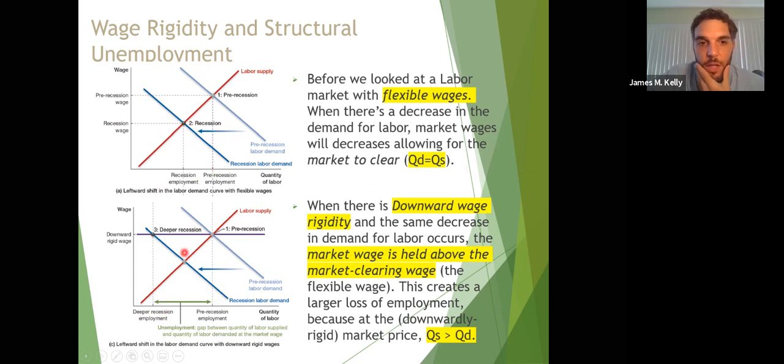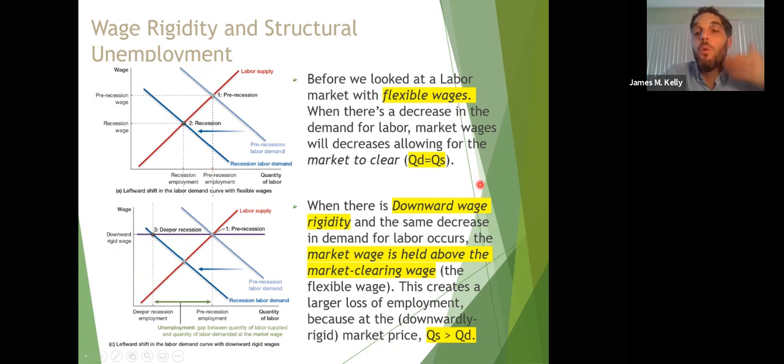So the number of people employed is going to be lower when wages are rigid, because the quantity demanded is going to be lower at a higher wage rate.